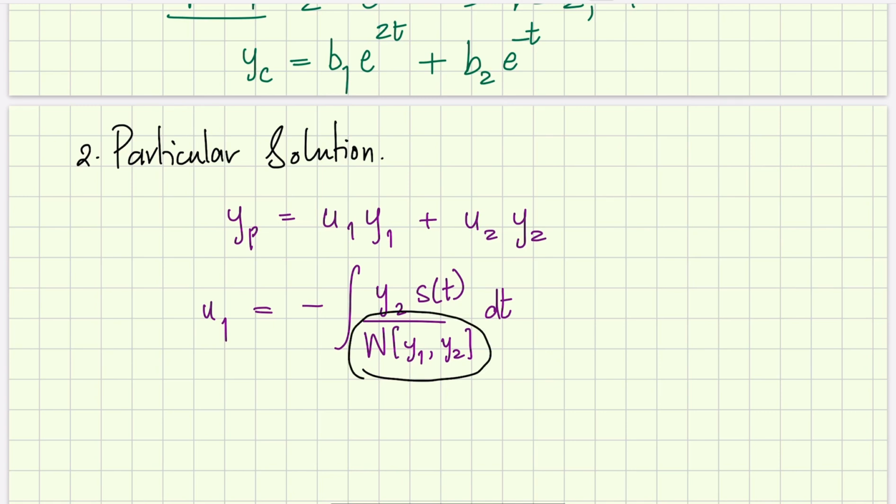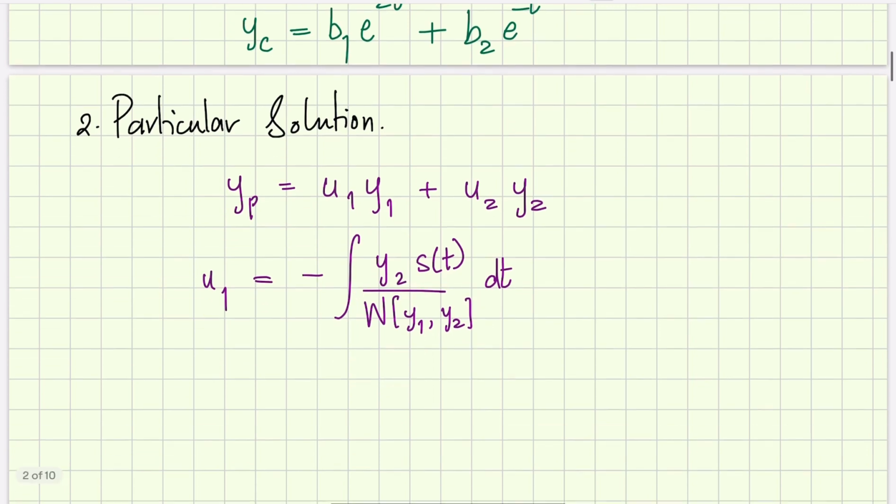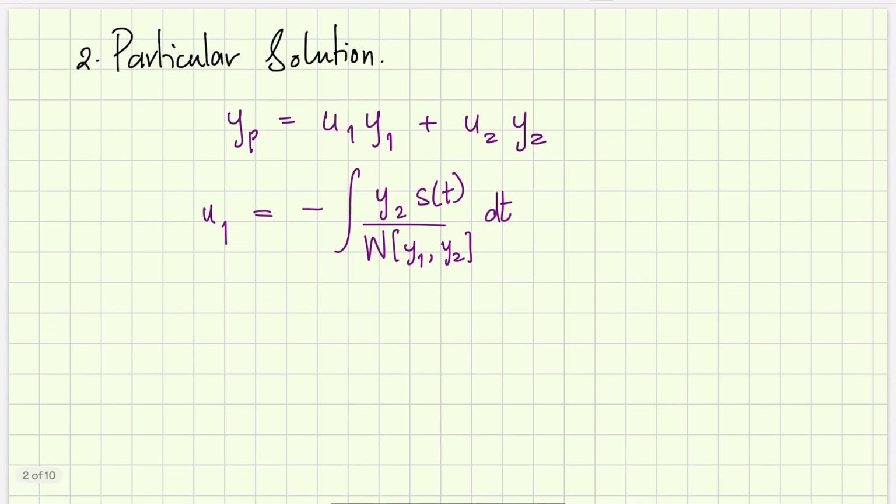What do? We find it. So the formula for the Wronskian is the determinant of y1, y1 prime, y2, and y2 prime. You guys can check out my video on the Wronskian determinant if you want a little bit more explanation of what this is.